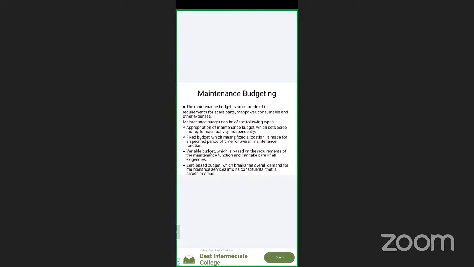Okay, then you have zero based budgeting. So what can zero based budget mean? See, usually whenever a budget is made, you take the reference of the previous ones. So last year, suppose the tax rates would have been 10%, 20, 30%, or whatever may be.